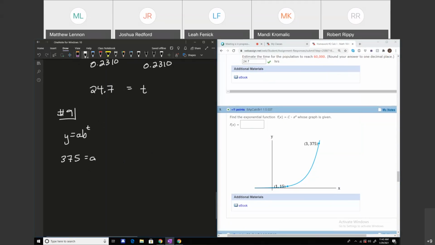So we have 375 equals ab cubed, and 15 equals ab to the first. Then you take ratios. So we get b squared on the right and 25 on the left. So when you take the square root, we see that b should be 5.